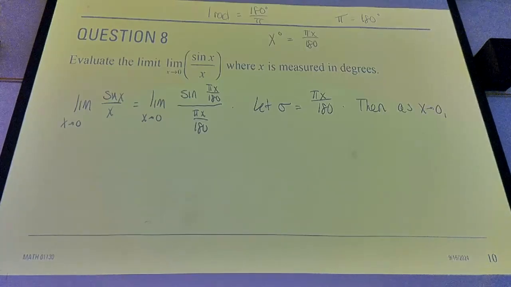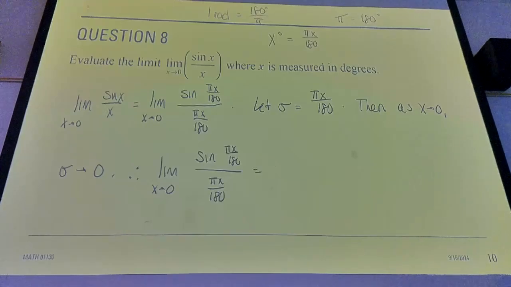As x approaches 0, what's sigma doing? It's also approaching 0. And what is that?